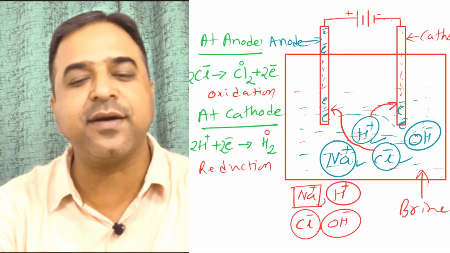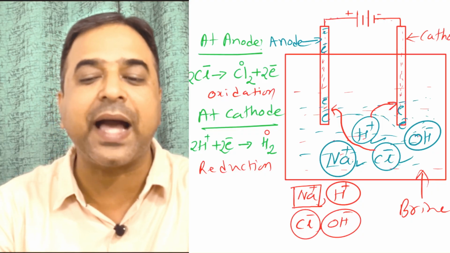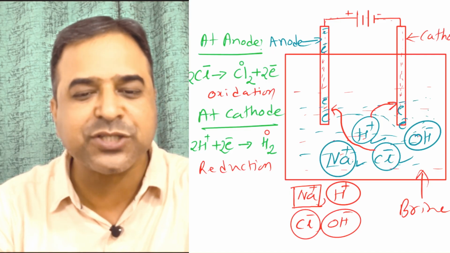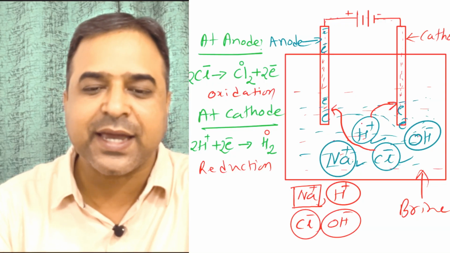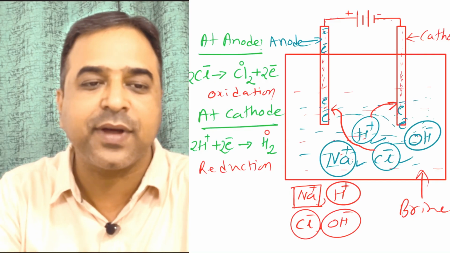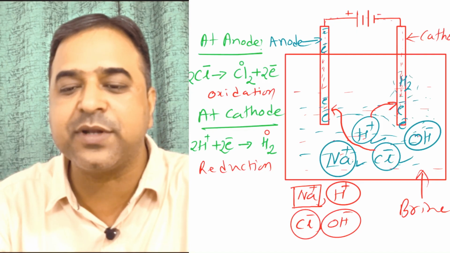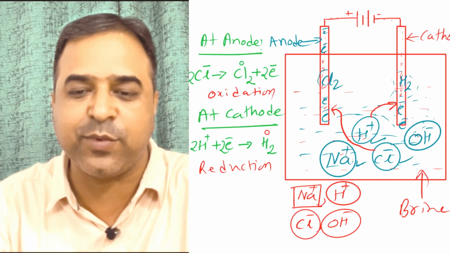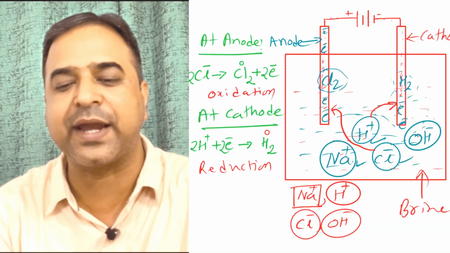So at the anode, oxidation takes place due to giving back the electron, and at the cathode, reduction takes place due to gain of the electron. This is how hydrogen gas or bubbles are formed at the cathode, and chlorine gas is formed at the anode. So this is how electrolysis of sodium chloride takes place.